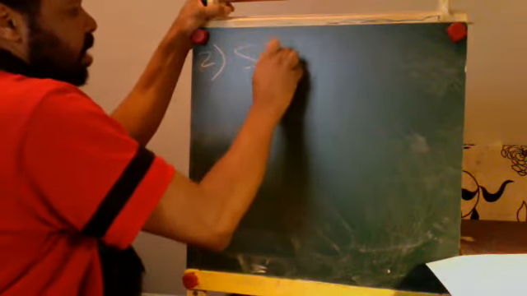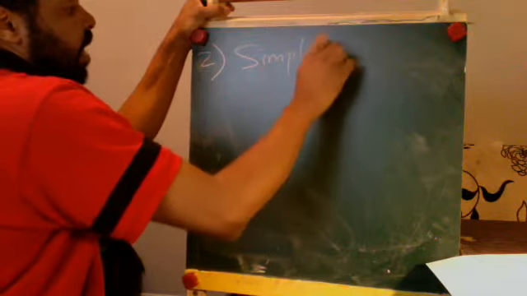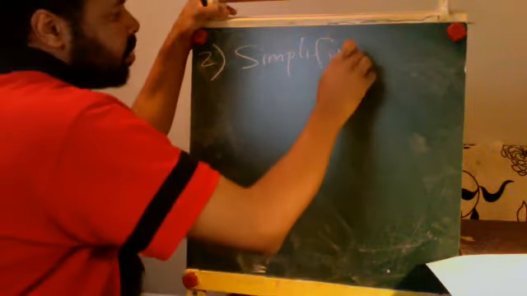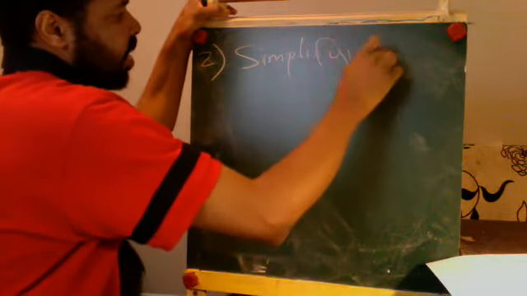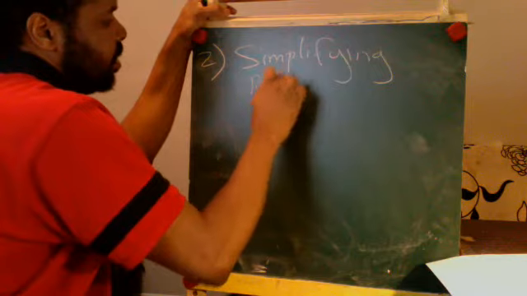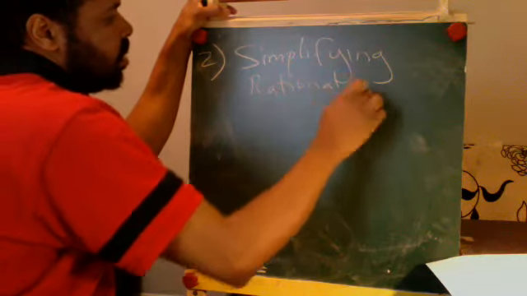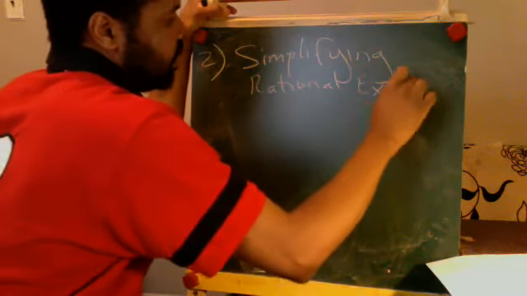Okay, so we're going to be looking at number 2. Number 2 asks us to simplify some rational expressions, all right? So number 2 is about simplifying rational expressions.